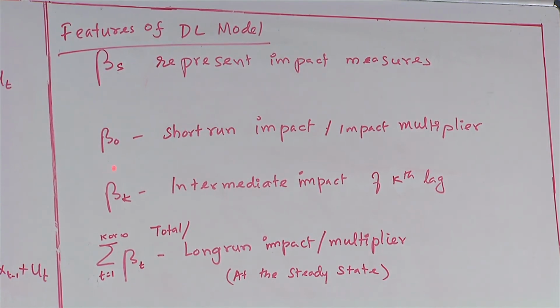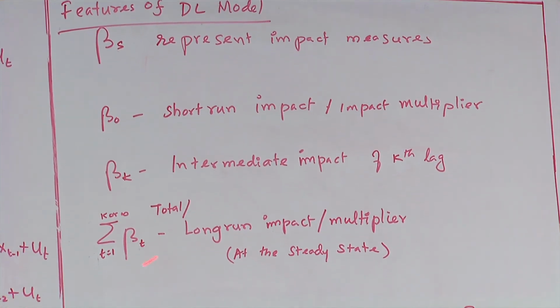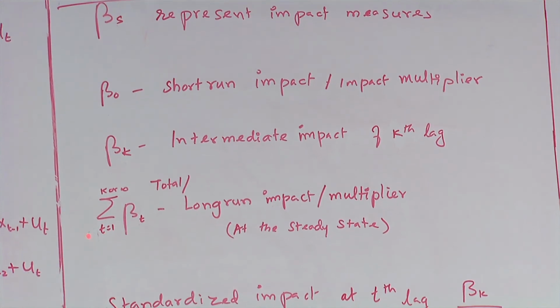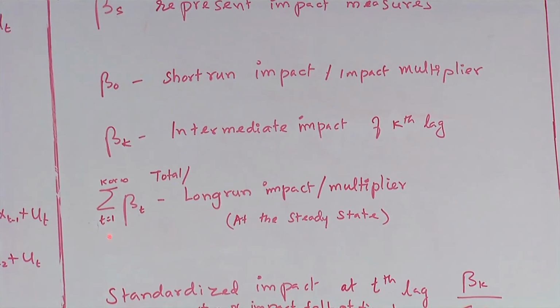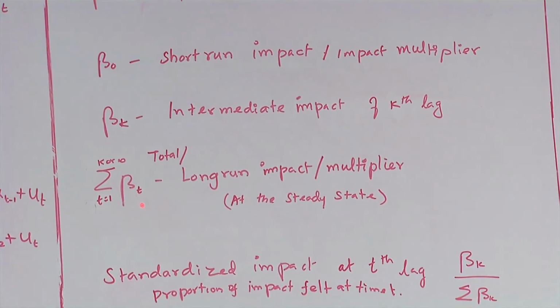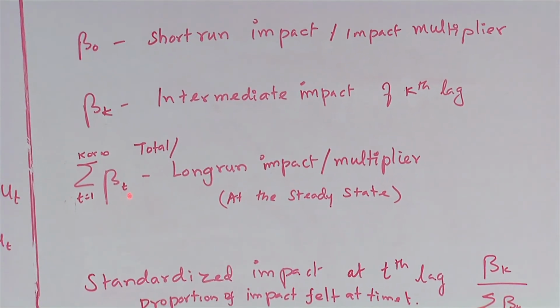For example, beta 0 is the short run impact, otherwise called the impact multiplier. Beta k is the intermediate impact of the kth lag, and in the steady state, we can find the long run impact, which is just the addition of all the betas in the distributed lag model.